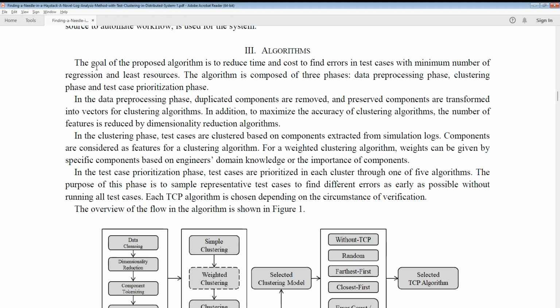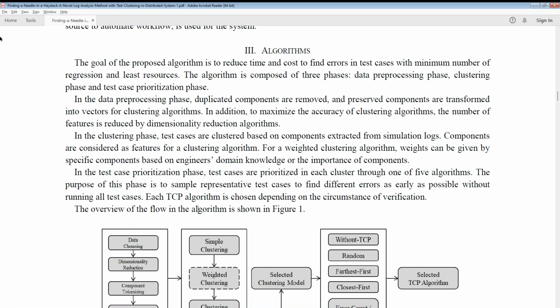In the clustering phase, test cases are clustered based on components extracted from simulation logs. Components are considered as features for the clustering algorithm. For a weighted clustering algorithm, weights can be given to a specific component based on an engineer's domain knowledge or the importance of components. In the test case prioritization phase, test cases are prioritized in each cluster through one of five algorithms.